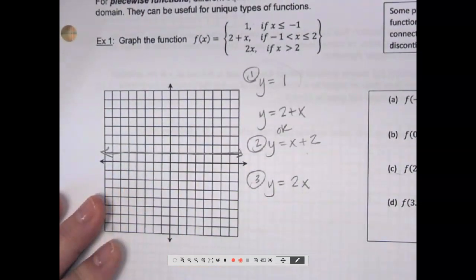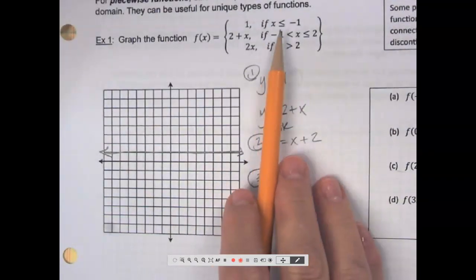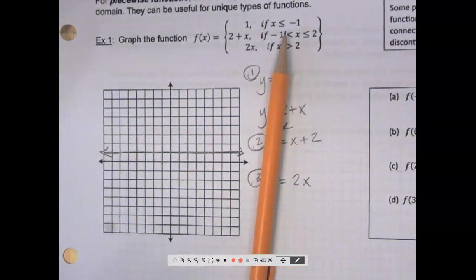A little horizontal line. Okay, but I don't want that line for all real numbers. I want that line for x's that are less than or equal to -1. Okay, on a number line, if we shade less than or equal to, we use a closed circle and we shade to the left, right?